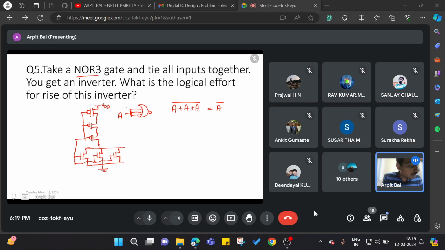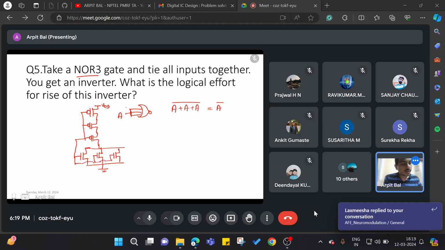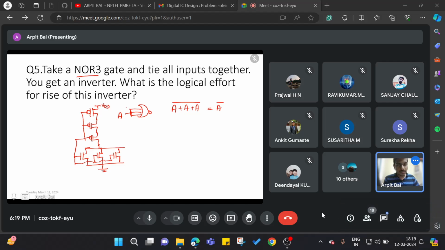Okay, can someone answer this? So take a moment. Whatever 4 questions we solved so far, this is related to that. So can someone try to answer this? Sir, is it 7?